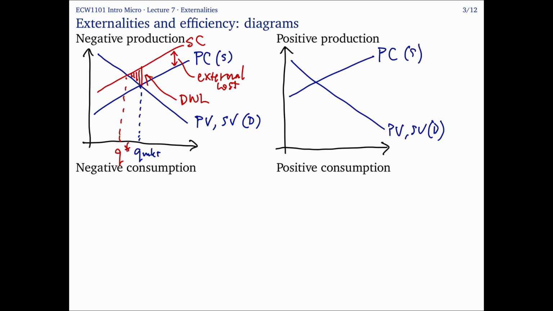But the social cost is lower. The market outcome is the one where demand equals supply, but the socially efficient outcome is this.